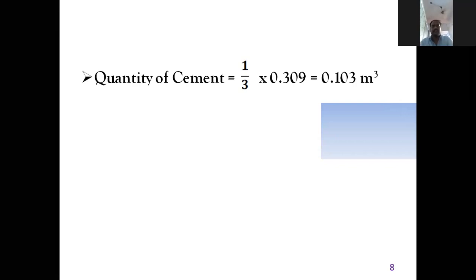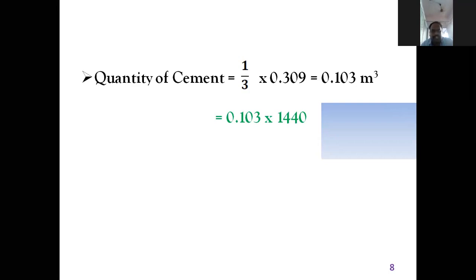Comparing the ratio 1:3, 1 is the proportion of cement and 3 is the sand. So 1/3 into 0.309 is equal to 0.103 meter cube.